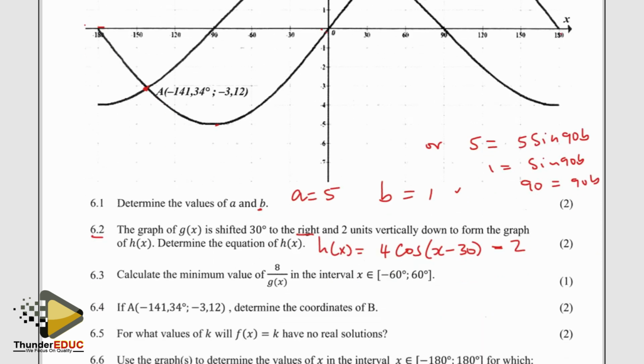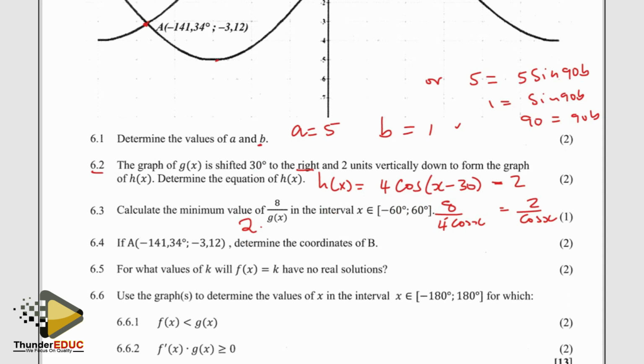Now what if we have 8 divided by 4 cos of x? 8 divided by 4 gives us 2, so it's going to be 2 over cos of x, which means the minimum value is going to be, is it a 2 or a negative 2? So I'm going to take it to be a 2, since I'm having the 2 there. So the minimum value is a 2 for me.